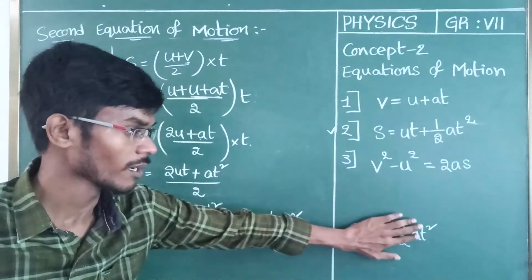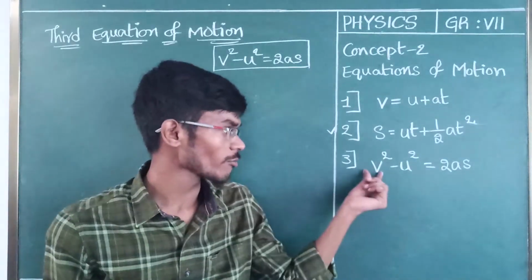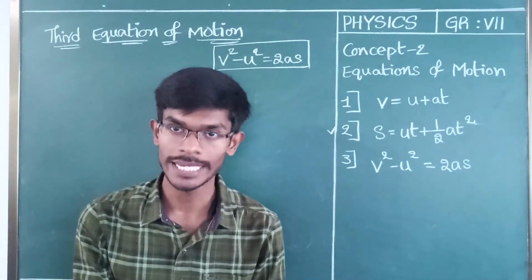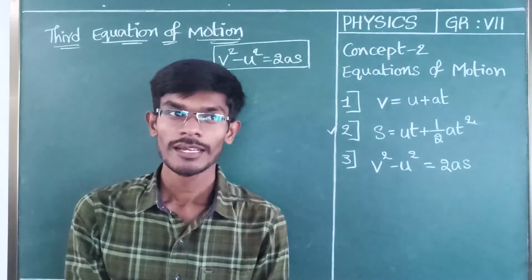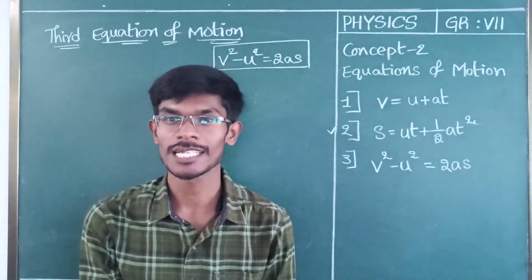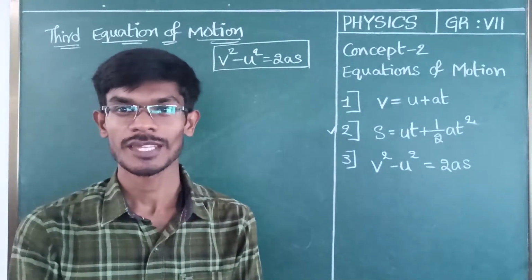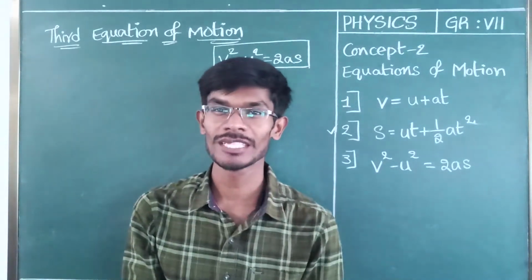Equation of motion is what? V square minus u square is equal to 2 into a into s. So if an object is starting with initial velocity u, in a time t seconds it reaches its final velocity v. So it is moving with uniform acceleration.